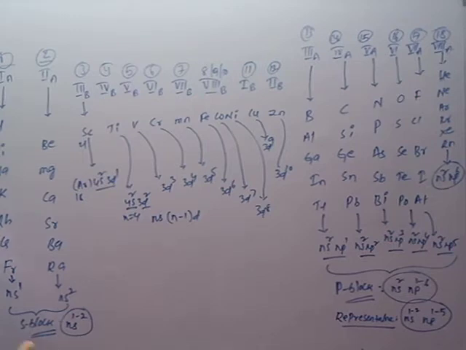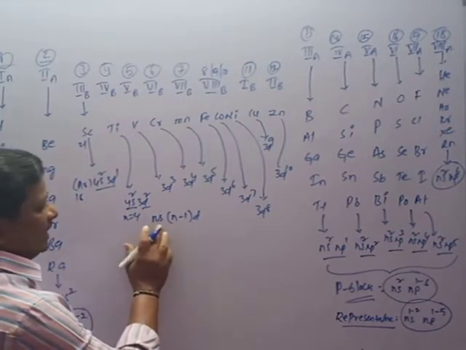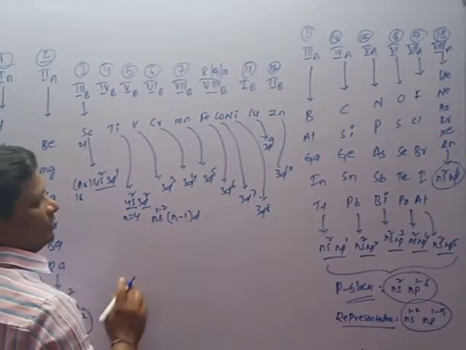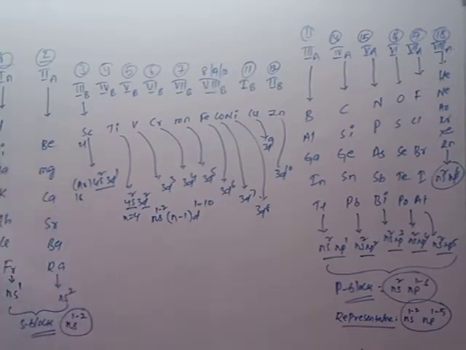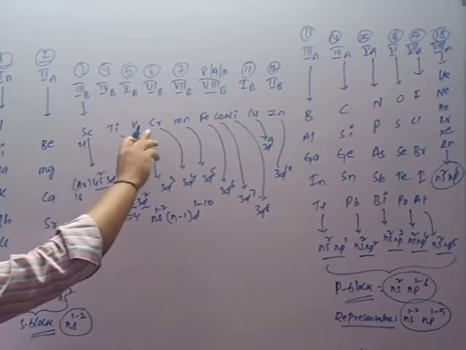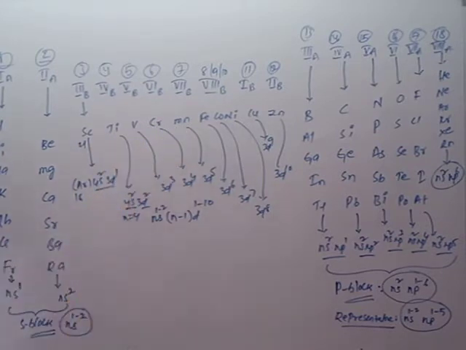So the configuration is ns1-2, (n-1)d1-10. It is the simple configuration of the third to 12th group elements: scandium, titanium, vanadium, chromium, manganese, iron, cobalt, nickel, copper and zinc. These are the simple electronic configurations of groups and periods.